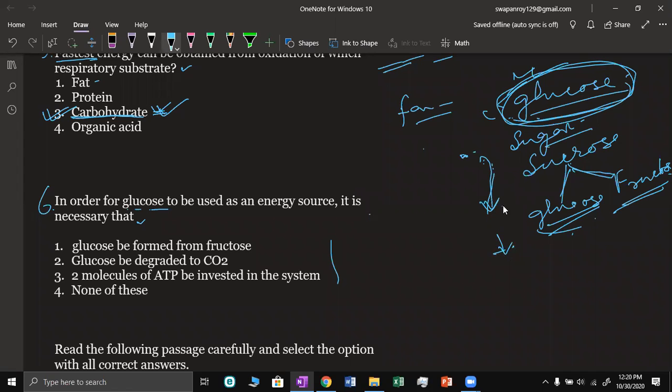Glucose 6-phosphate converts into fructose. It is not that glucose is formed from fructose. Glucose be degraded to carbon dioxide? This is also not necessary. To be used as an energy source, two molecules of ATP must be invested in the system.